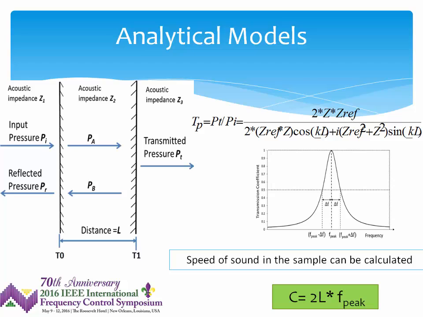So if you were to take a simple 3-layer model and model the response of the system, you could work through a closed form expression for the transmission parameter as a function of the acoustic impedance of the media and the dimensions involved.